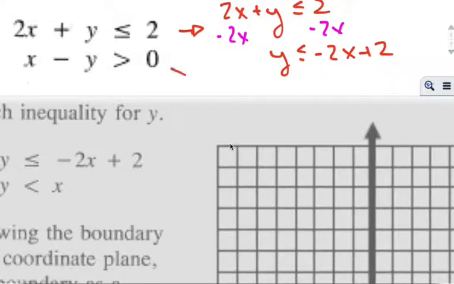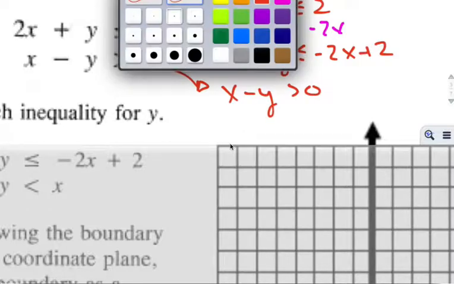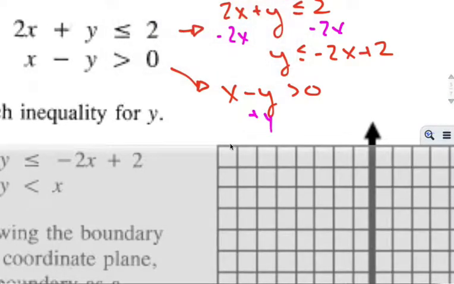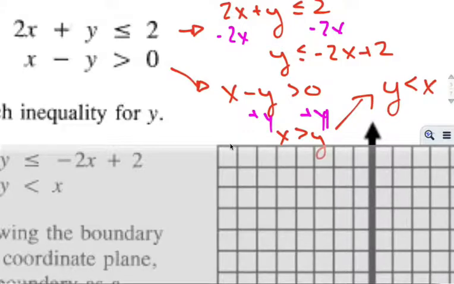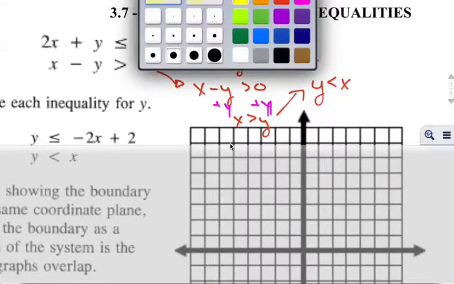The second one is x minus y is greater than 0. I'm going to do this a little bit differently. I'm going to add the y. When I do that, I get x is greater than y, or I can rewrite that as y is less than x.